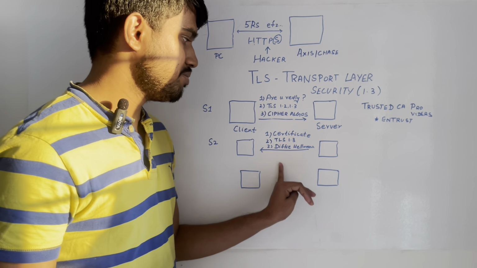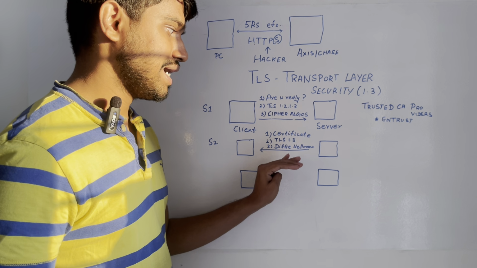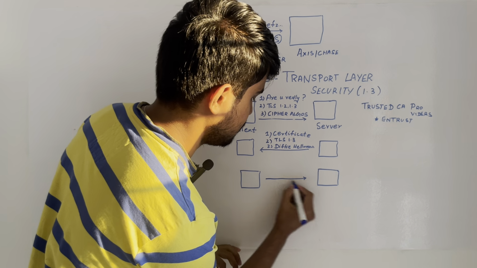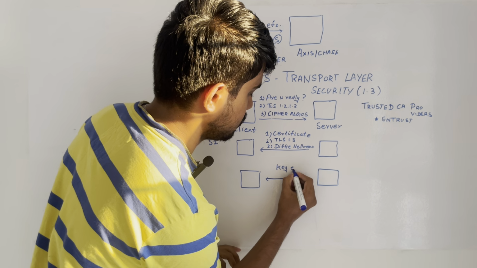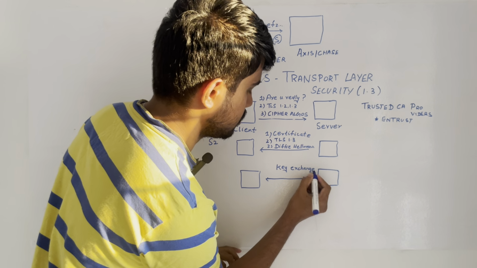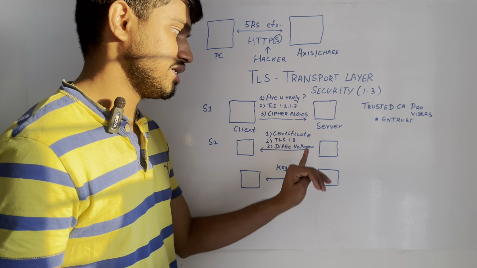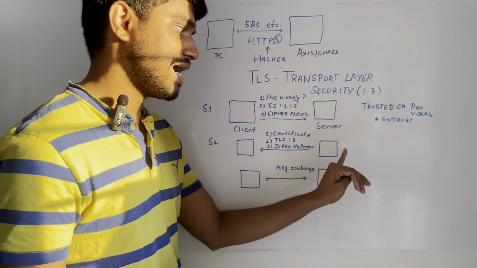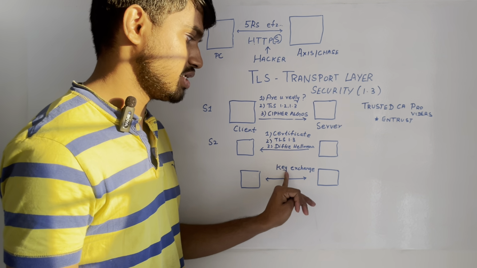So once this happens, based on the algorithm and the TLS version, both the computers have a step where they exchange keys, key exchange. This is literally not a separate step. It happens in this way. It happens here and here in TLS 1.3, and both the computers will be able to generate the keys by themselves.